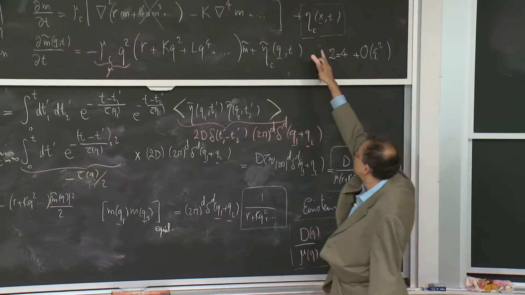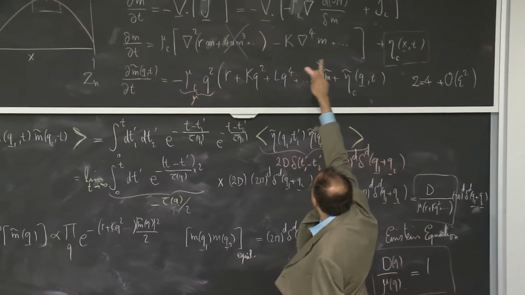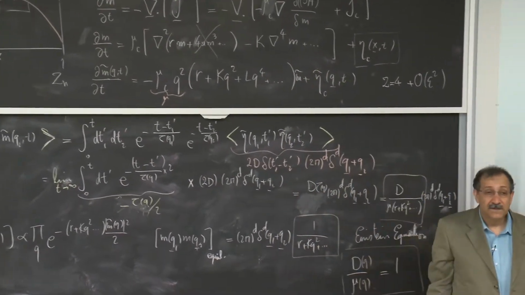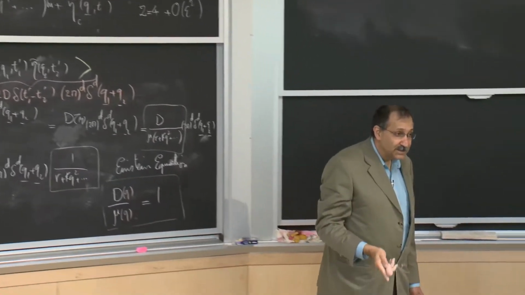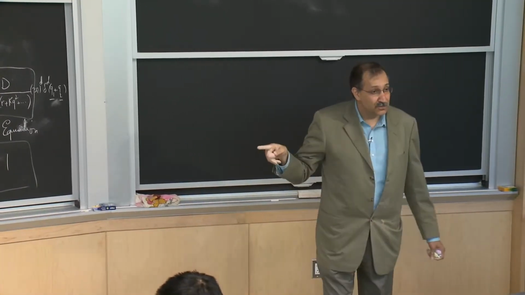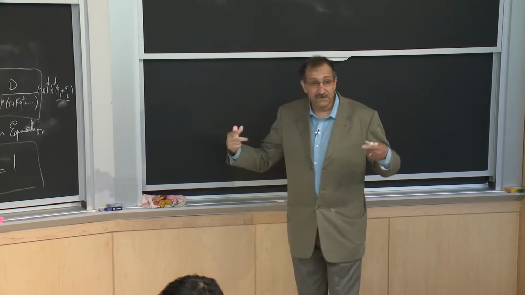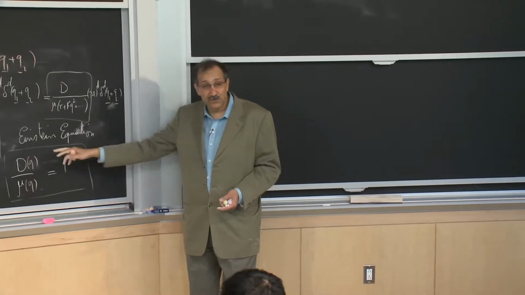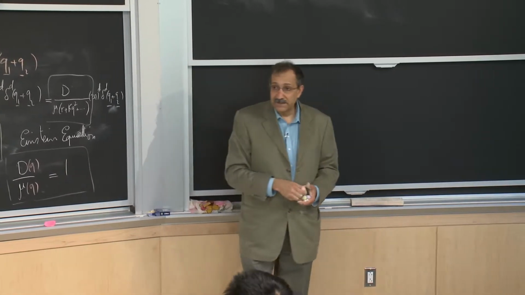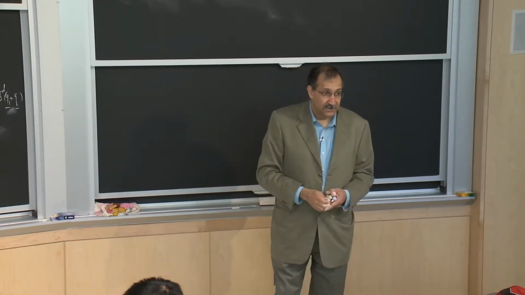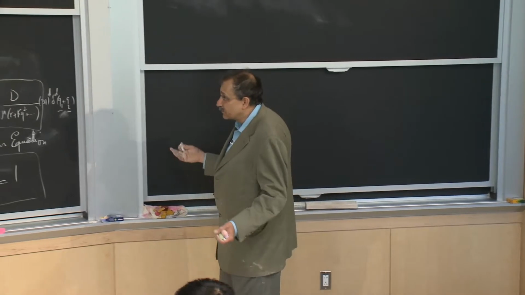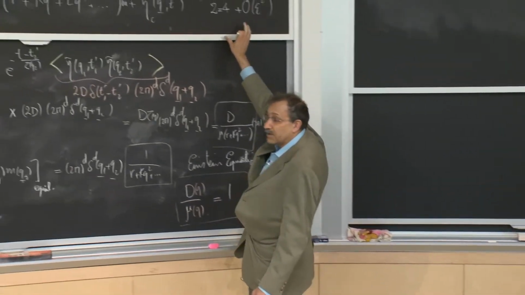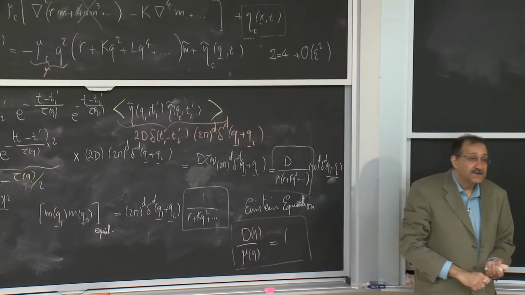Because as I said, this conserved noise is the gradient of something, which means that when I go to Fourier space, it will be proportional to q. And when I take its variance, it will be proportional to q squared, and it will precisely cancel that. But you can see that this also had a physical explanation in terms of a conservation law.